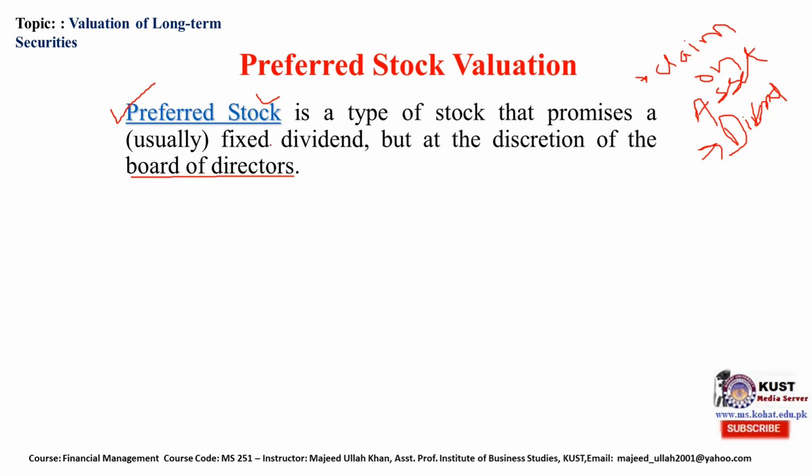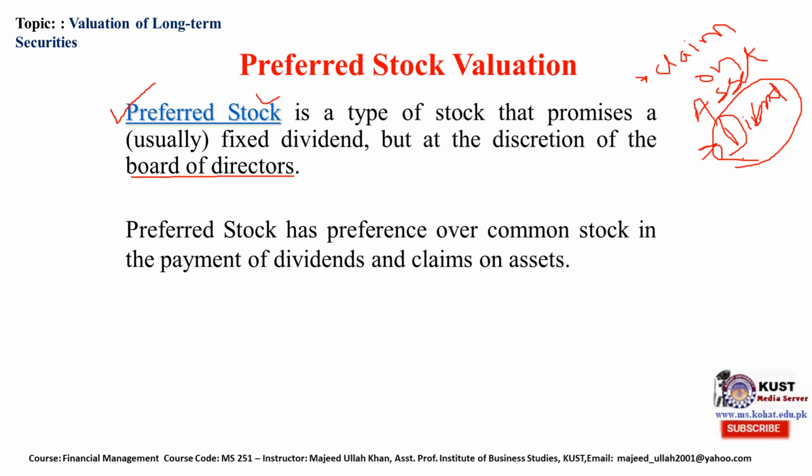And these preferred shareholders will be preferred in declaring the dividend. So dividend will be given first to the preferred stockholders and then to the common stockholders. Preferred stock has preference over common stock in payment of dividend, this is first, and in claim on assets, this is second.